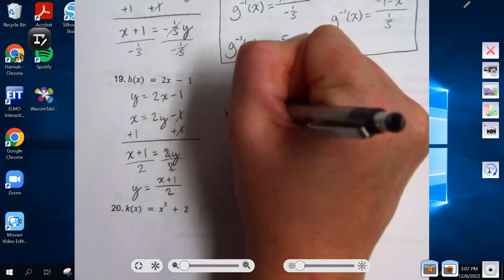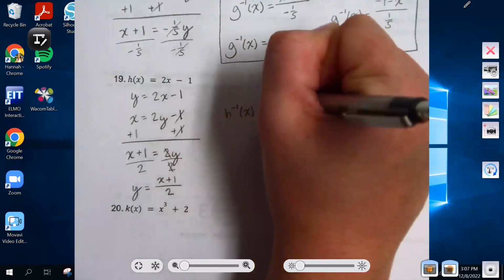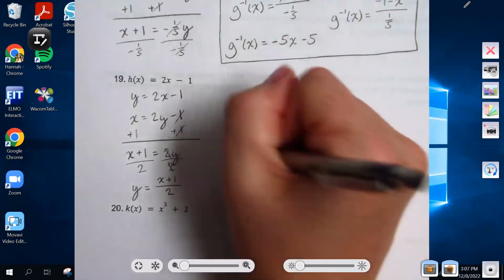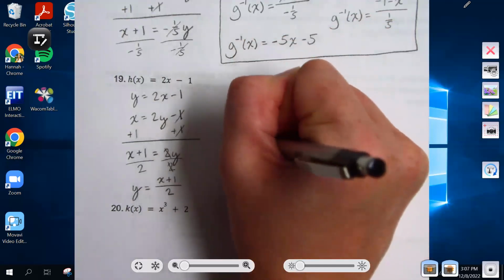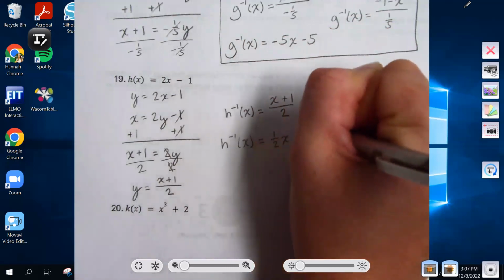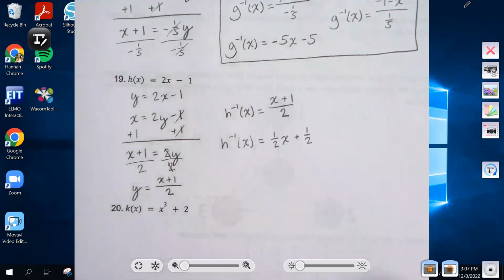So h inverse of x, you could leave it as that fraction, x plus 1 over 2. You could go ahead and divide both things by 2. That would be 1/2 x plus 1/2, or x over 2 plus 1/2, either way.